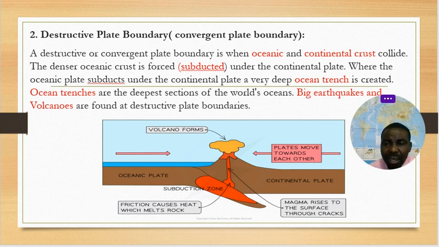Don't forget, in the very first plate boundary we talked about, the two plates involved, or the crust, you can say crust or plate, are both oceanic. But in this case, it has to do with oceanic and continental. Collision takes place because both of them are moving towards each other.